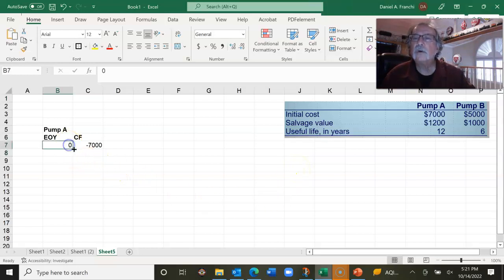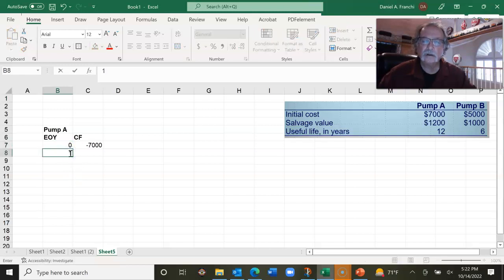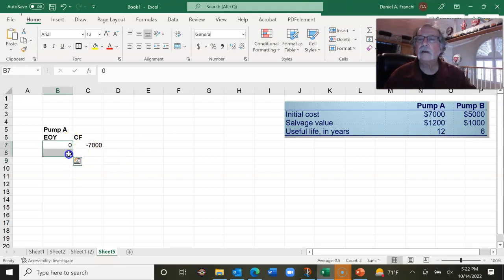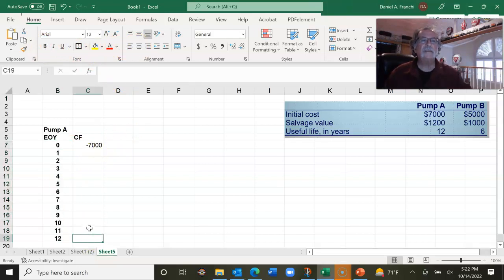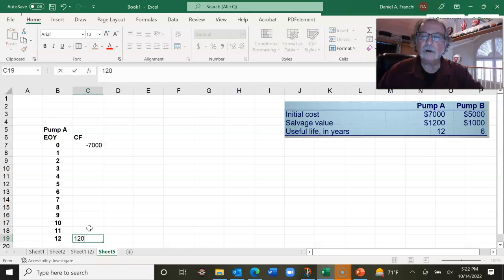And then we're going to have a 12-year life. And at the end of the 12th year, we're going to have a salvage value of $1,200.